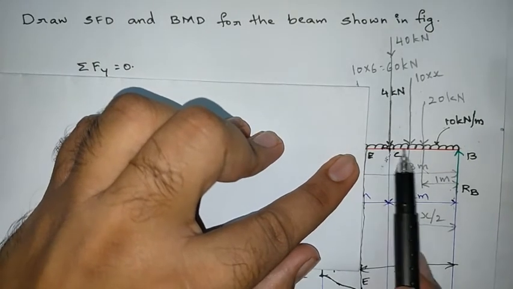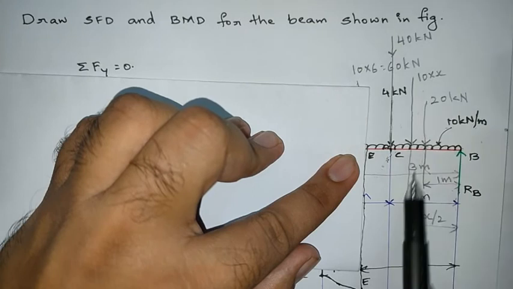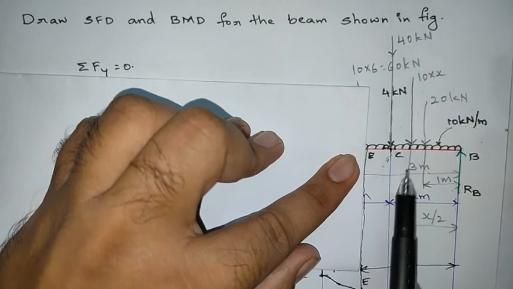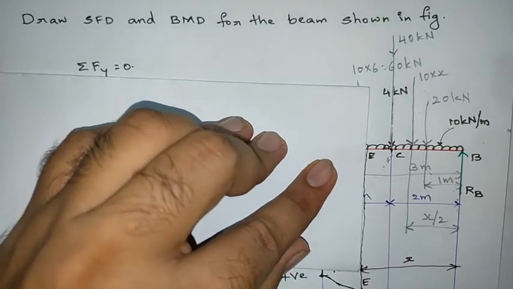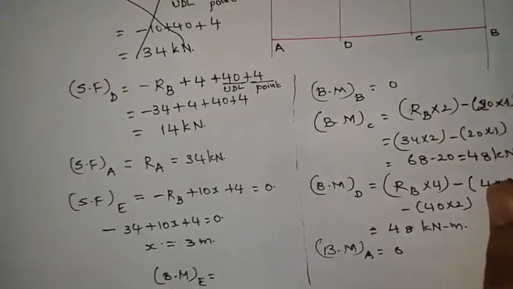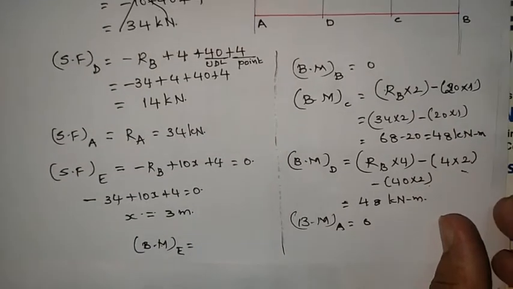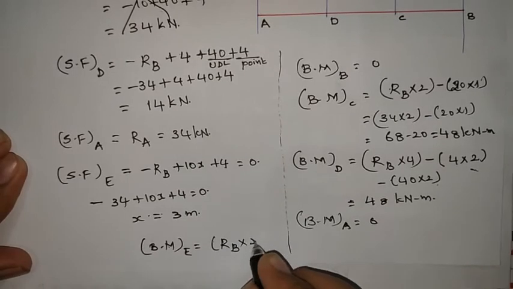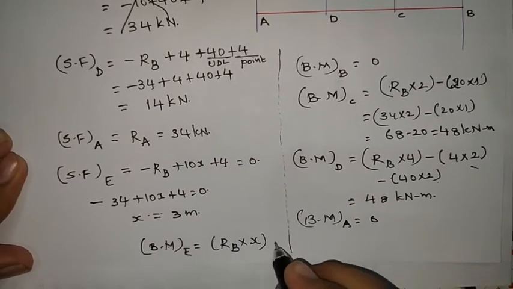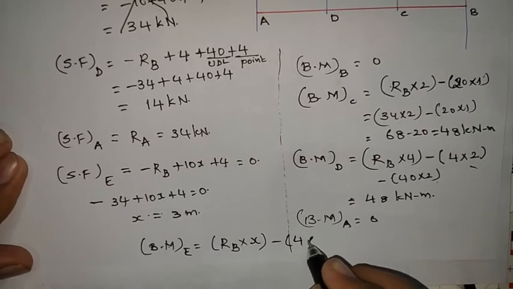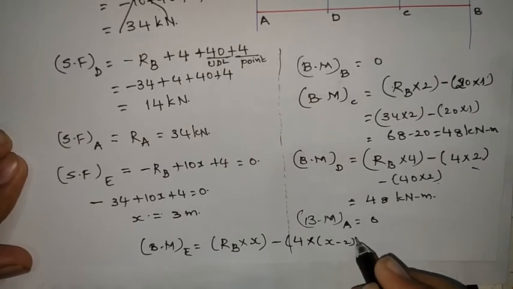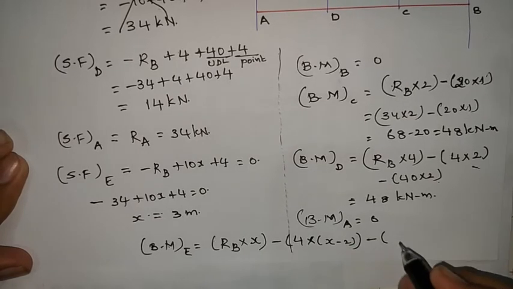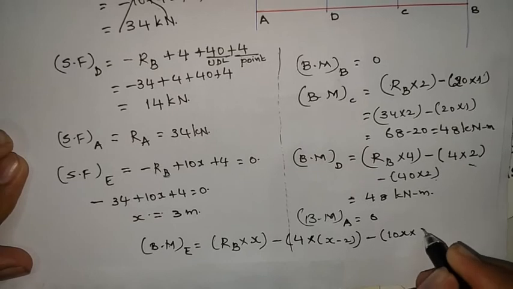Next, if you convert this UDL, you will get 10 into X, that is acting at X by 2. So 10X into X by 2, right? So now take that, you will get bending moment at E. So that is RB into X, next minus 4 into X minus 2, next minus 10x into X by 2.